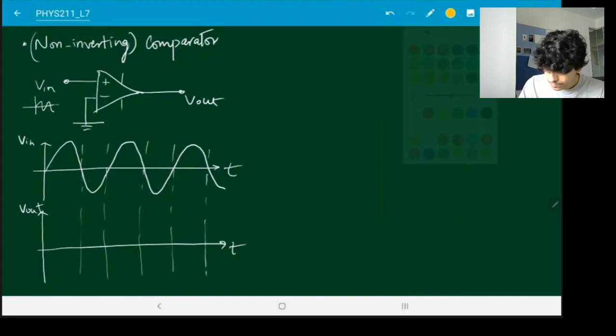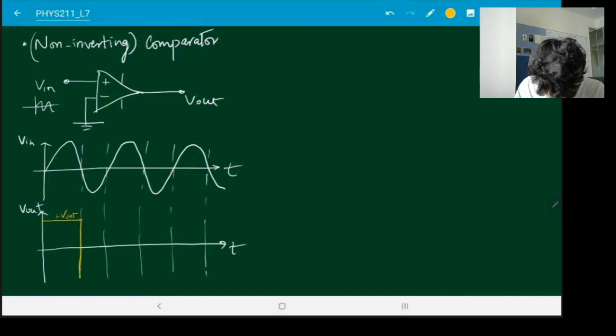Vout, let's see. So when Vin is positive, Vout is going to be at plus Vsat. So during the first half cycle, because Vin is positive, Vout is at plus Vsat. Now in the next half cycle, Vin becomes negative, so Vout switches state and goes to minus Vsat.